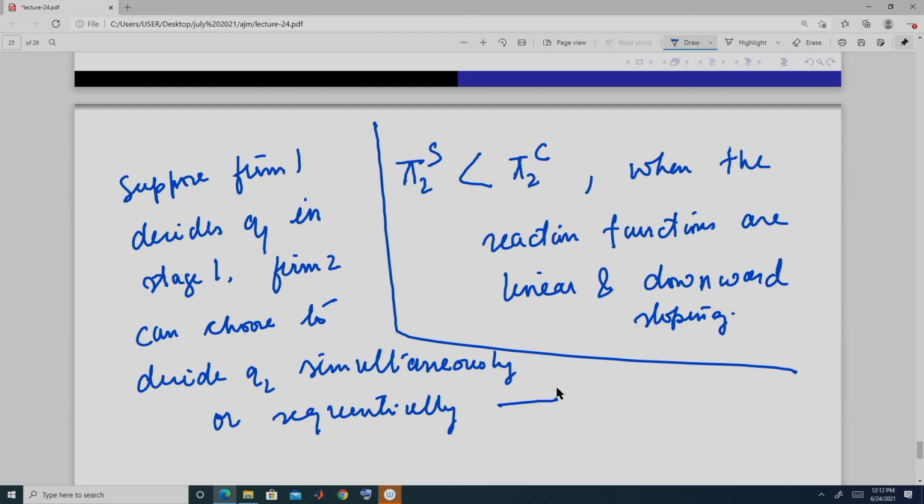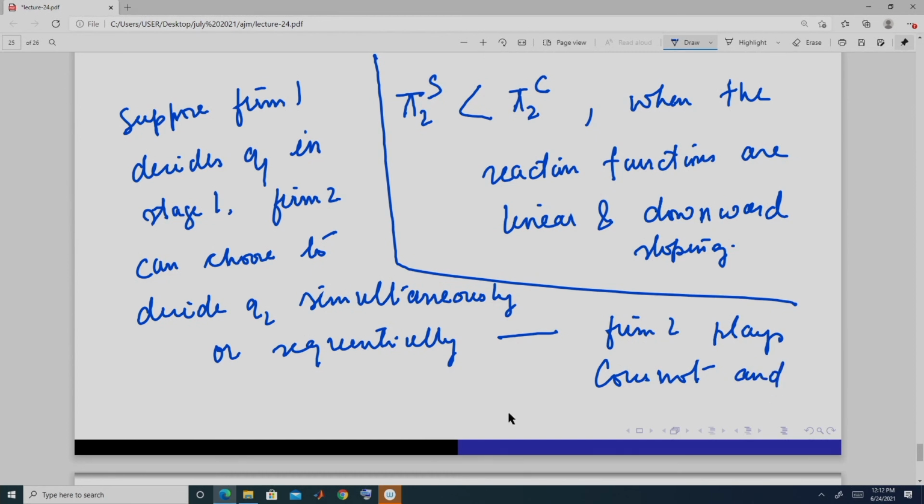Then we get that, in this scenario, firm 2 will play Cournot and not Stackelberg.